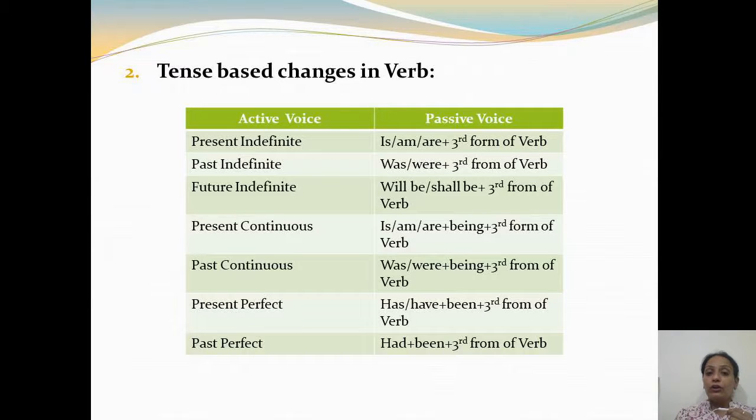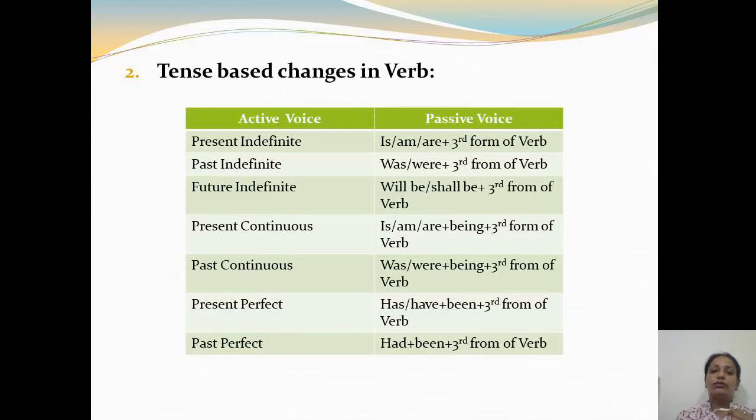In past continuous tense, the same rule will be followed. Along with was or were, we will have being plus third form of verb. In case of present perfect tense, we'll have has or have plus been plus third form of verb in the passive voice.